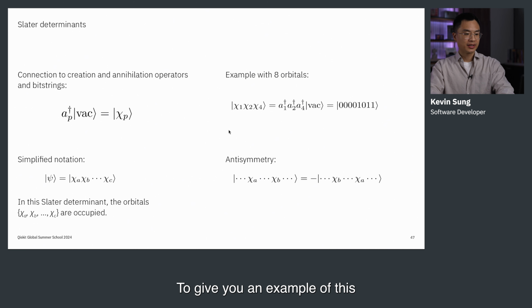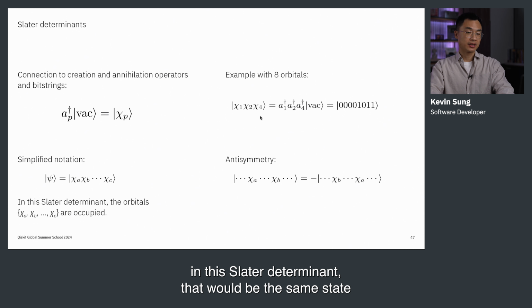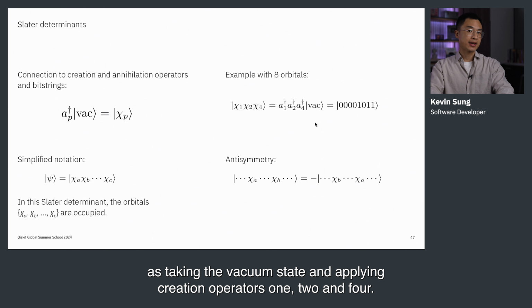To give an example of this, with 8 orbitals, if I have orbitals 1, 2, and 4 occupied in the Slater determinant, that would be the same state as taking the vacuum state and applying creation operators 1, 2, and 4.